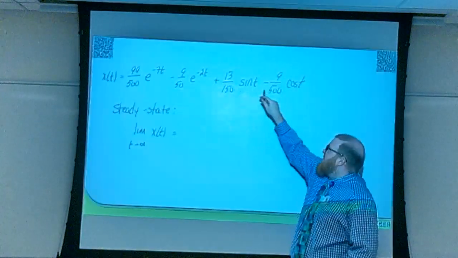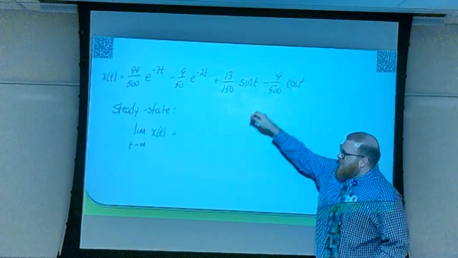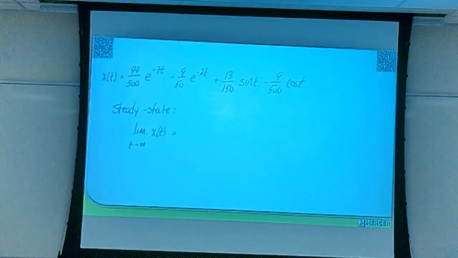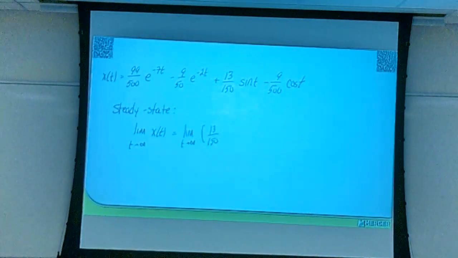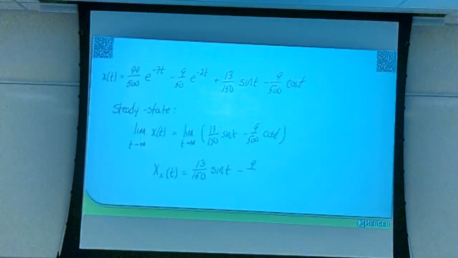So isn't that limit the same as that limit? So that's your steady state solution.